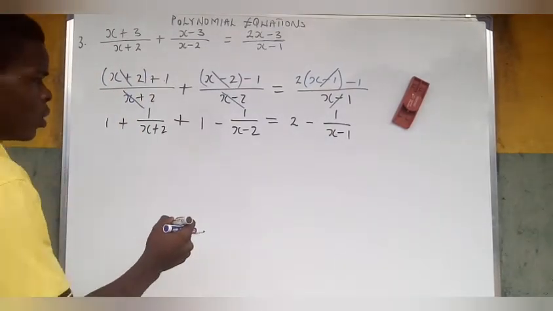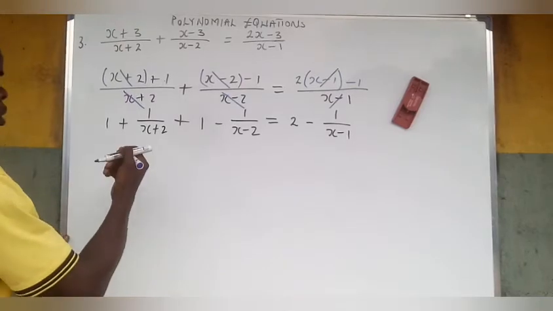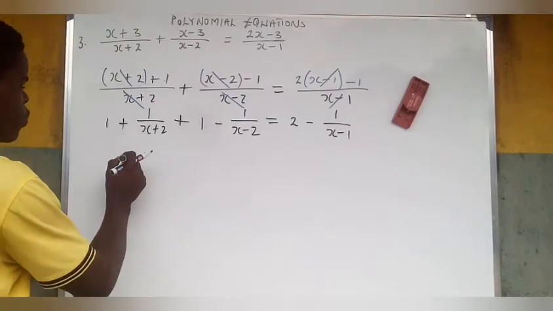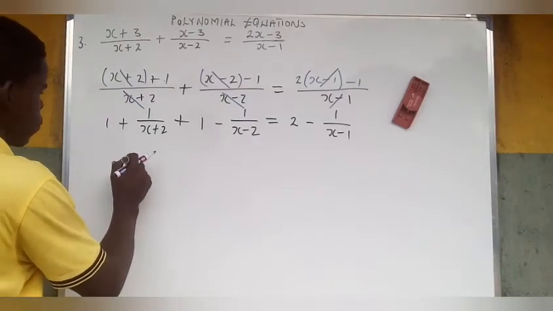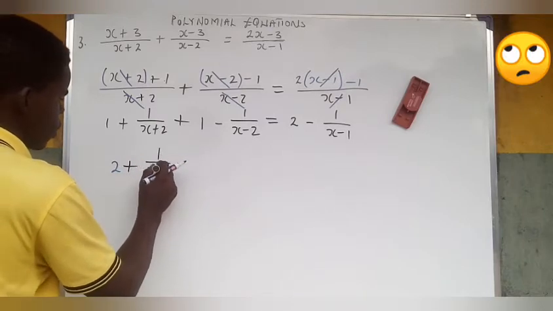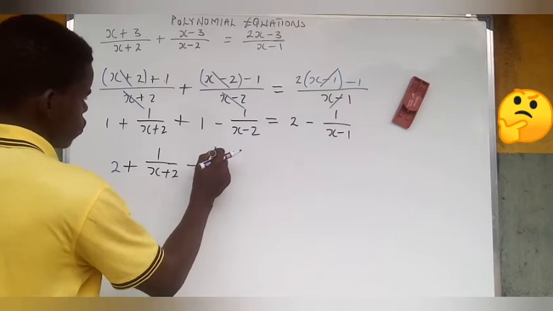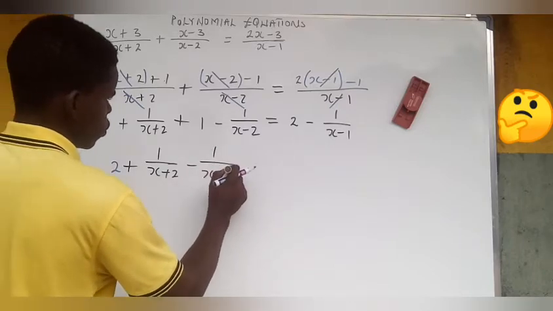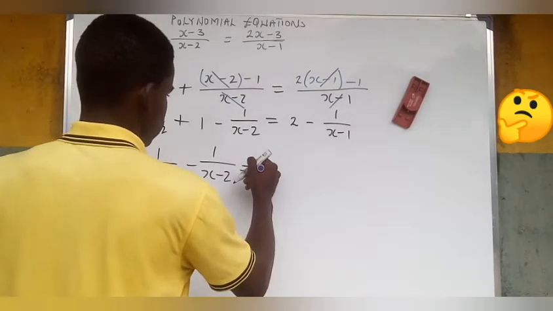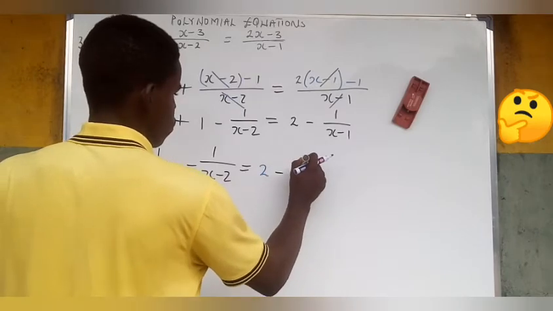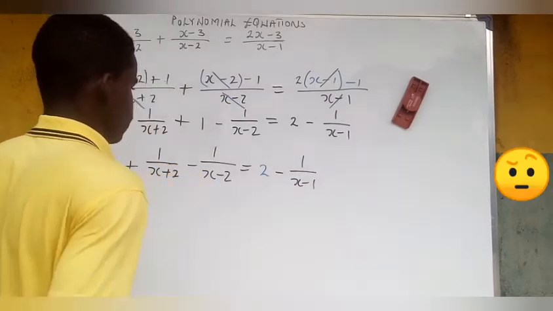Now, looking at this, we see here that 1 plus 1 resolves to 2, plus 1 over x plus 2 minus 1 over x minus 2, which is equal to 2 minus 1 over x minus 1.